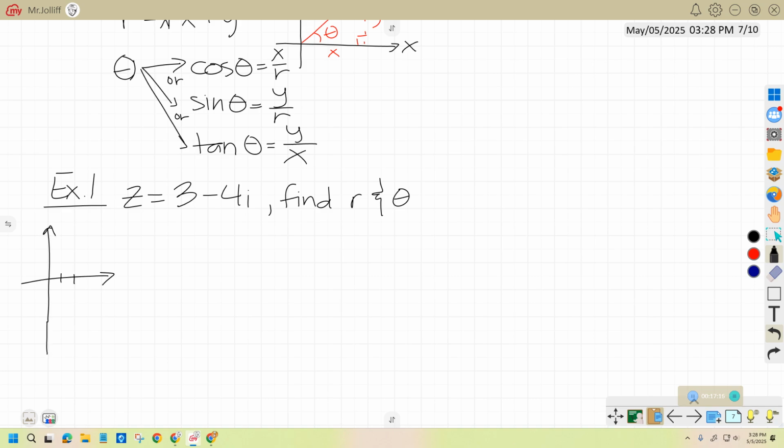I want to go 1, 2, 3 over and down 1, 2, 3, 4, so I'm right here. So this is 3, this is 4. I want theta and r.